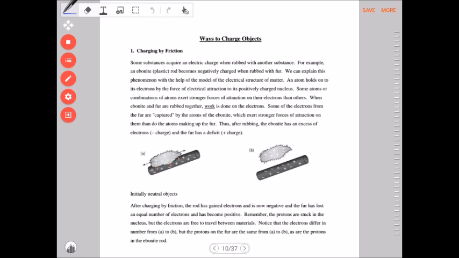Thus, after rubbing, the ebonite or the plastic rod gets more electrons, so ends up with a negative charge, and the fur, having lost some of its electrons, has a deficit of electrons or a positive charge. Remember, both these things are neutral to begin with, but after you rub them, it's the plastic rod that ends up being negative, it's the fur that ends up being positive.